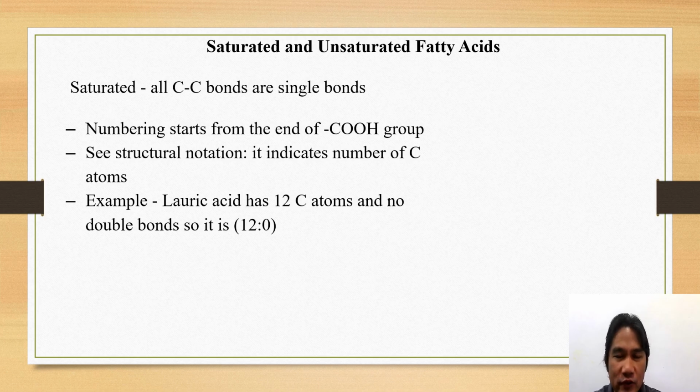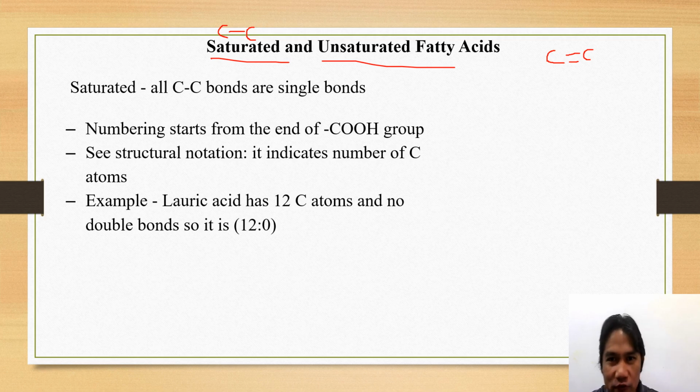Now, fatty acids may be saturated or unsaturated. Remember, in your organic chemistry, I gave a lecture on the difference between saturated and unsaturated. When we say saturated, the carbons are single bonded all throughout, and in an unsaturated fatty acid or unsaturated molecule, there are carbons with double bonds.